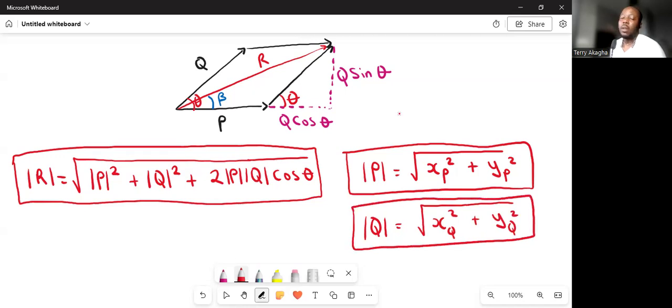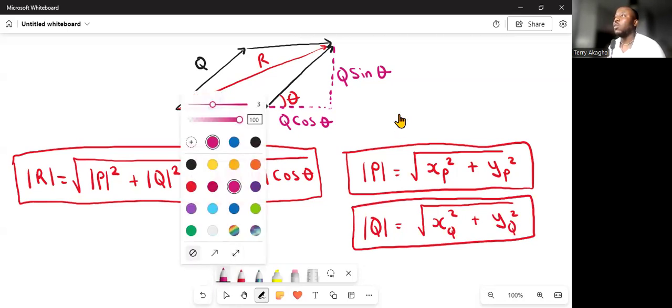Okay? Now, then we have beta. Beta is the angle towards the x-axis with one of the components. So how do you find beta? I'm going to use a different color for this.